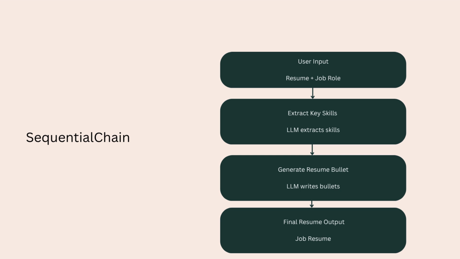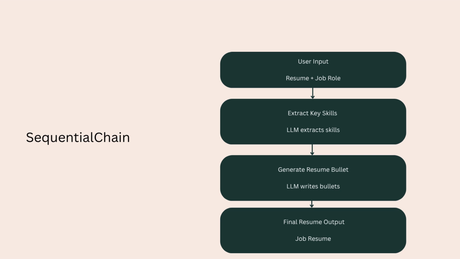The next one is the sequential chain. So a sequential chain is a more advanced version of the simple sequential chain. It supports multiple inputs and outputs across the steps. For example, I create a resume according to the job role. At that time, first of all, we need to pass the resume and job role description. Then this description is sent to the LLM, that is extract skills.